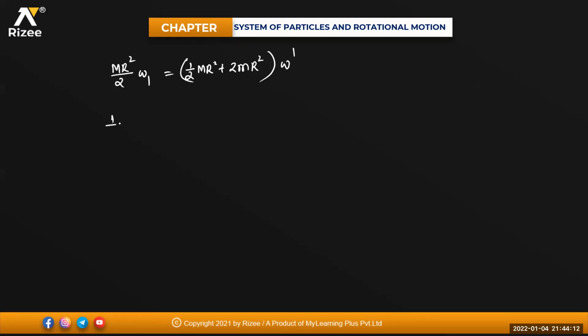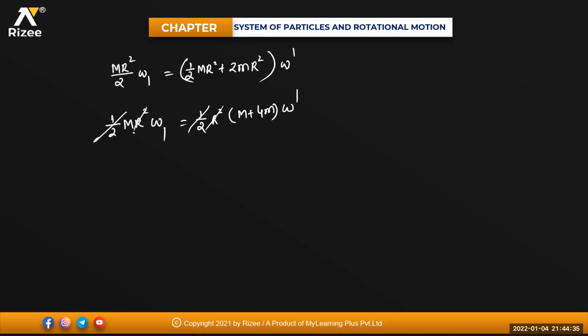So this will become half into capital M into R square into omega 1 is equal to half common, right now in this one, capital R square, this is capital M plus 4 times small m, into omega dash. Isn't it? Because I took a half common there. So this half will get cancelled.